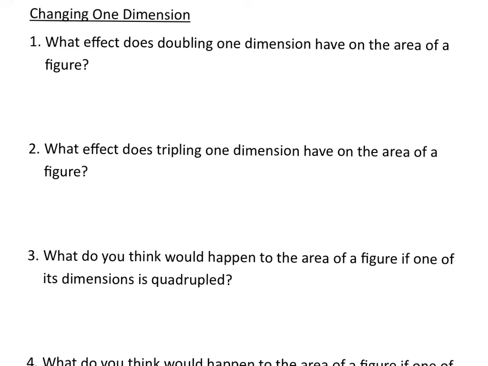So when we doubled one dimension, what happened to the area? Well, if you take a look back at what happened to rectangle A and triangle B when one dimension was doubled, specifically rectangle A, you should note that when we doubled one, that means it's 2 times bigger. The area became 2 times bigger.